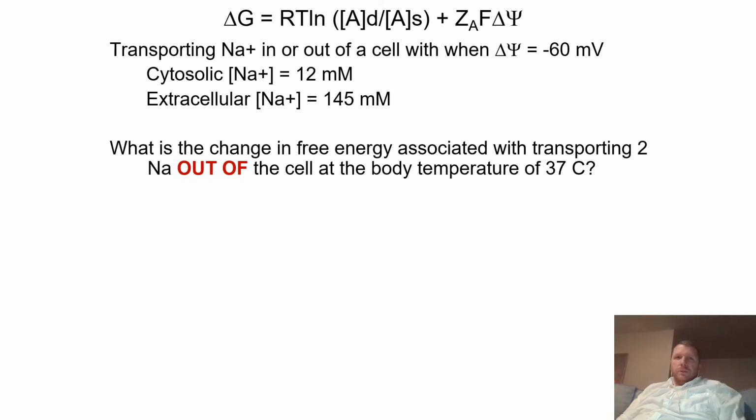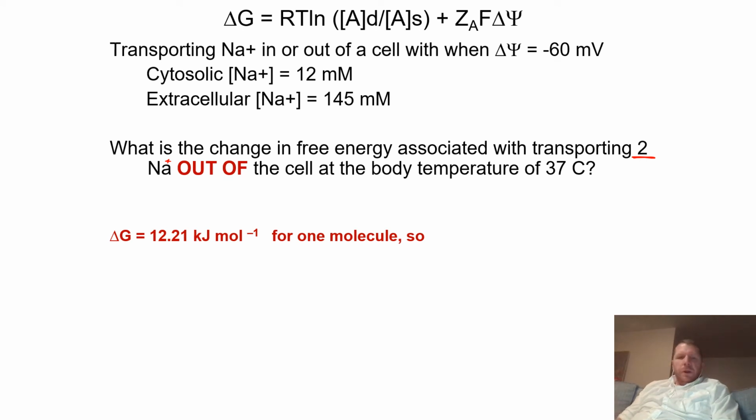So a last inspection of this: let's say we're not only moving our sodium ions out of the cell, but we're transporting 2 of them. What's that going to do? Well, if it took a delta G of positive 12.21 to push those sodium ions out of the cell, how about if we have 2 of them?